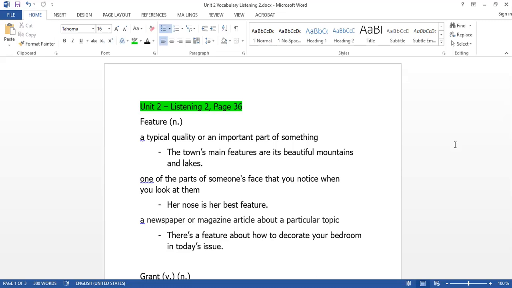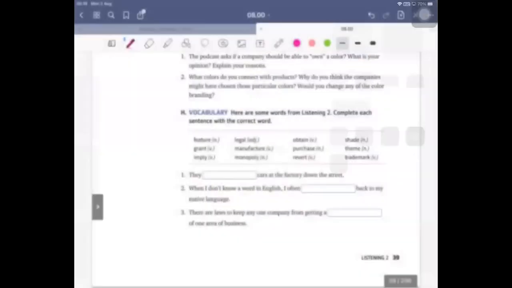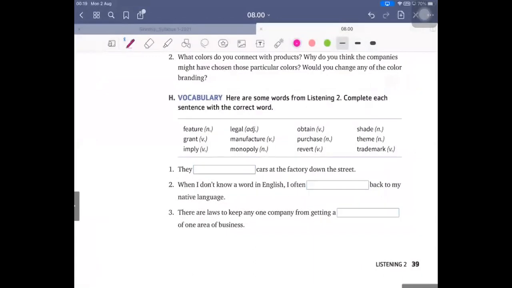So the next part that I would like to do is the exercise for this set of vocabulary. It's on page 39, okay? This is page 36 and we're moving on to page 39. I'm going to share my iPad, one second. Right, here you go.